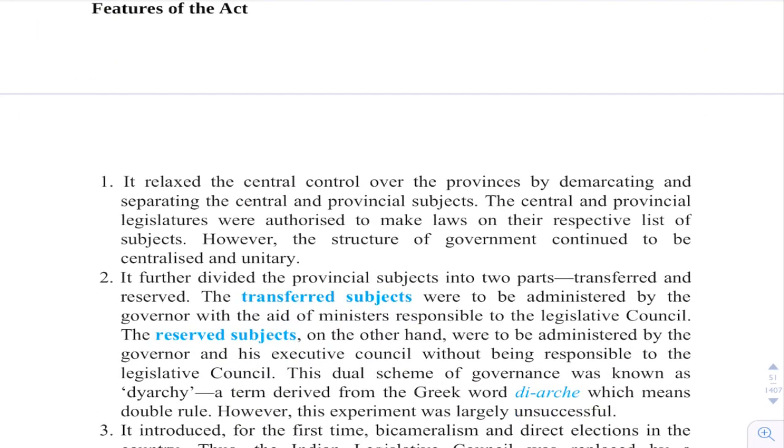Moving on to the features of the act. So we will be writing it here. We will try to shorten it here only.